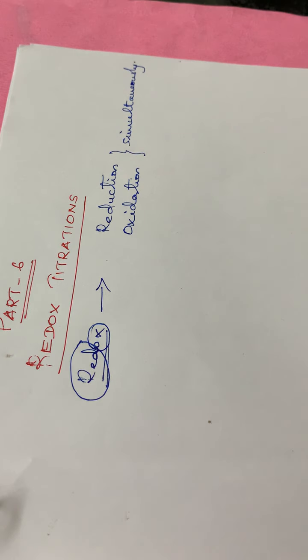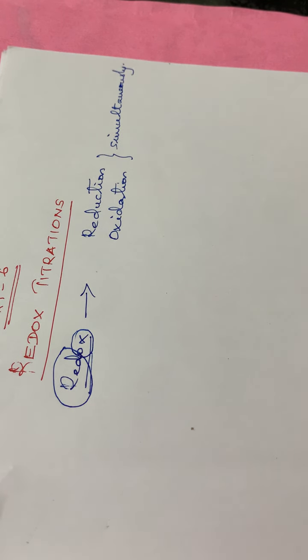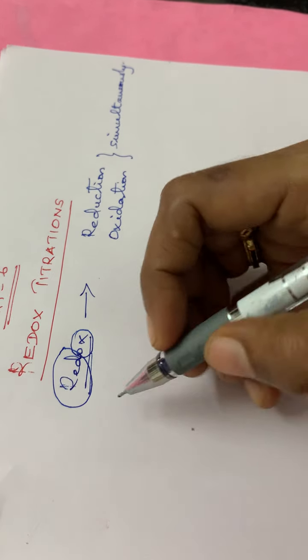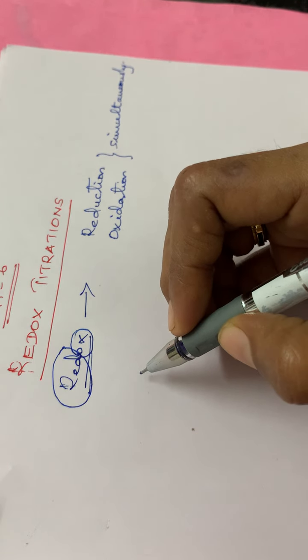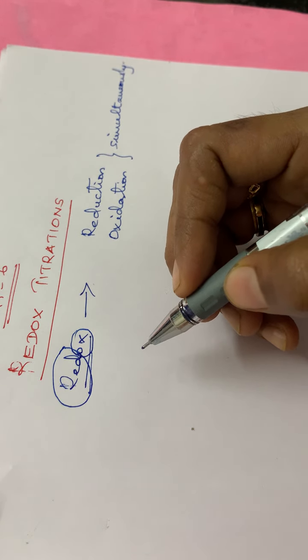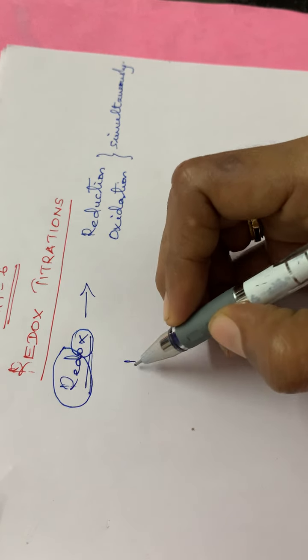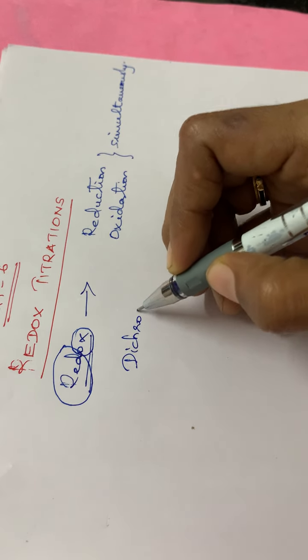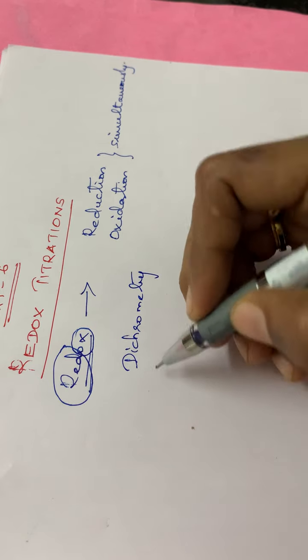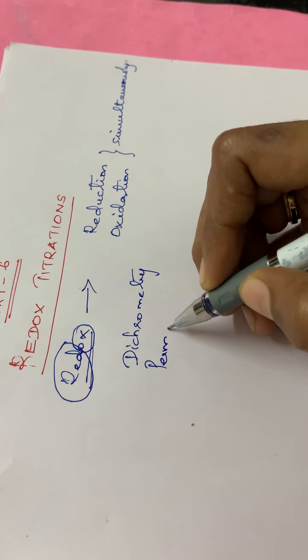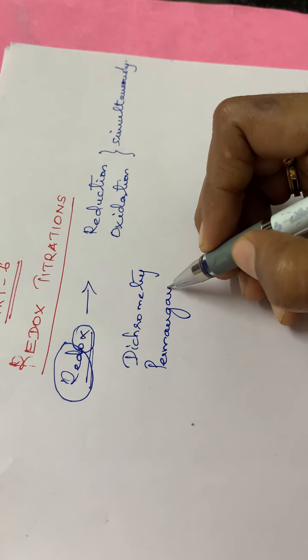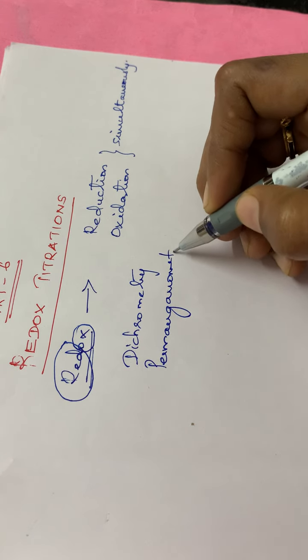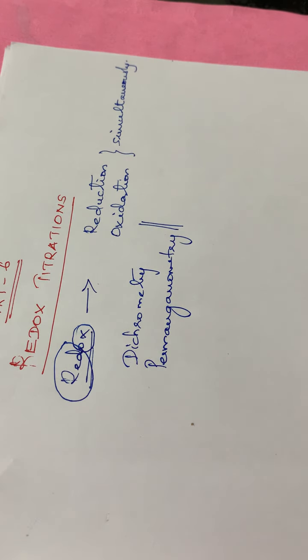And normally you have done some of the redox titration reactions, such as dichrometry and permanganometry.